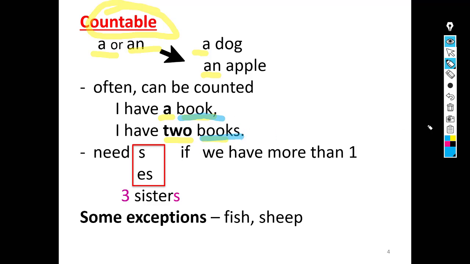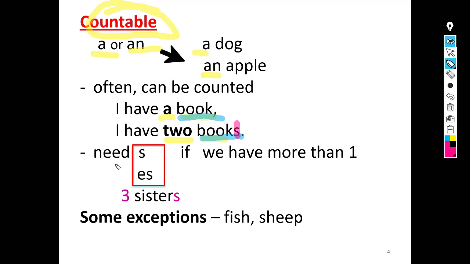Or if we have got more than one, you need s. Yes, here like that. Okay, I'm going to change the color. And then we put the numbers before the nouns. And these are countable nouns. You can count books, and it's a countable noun. I have 5 dresses. These are all countable nouns.